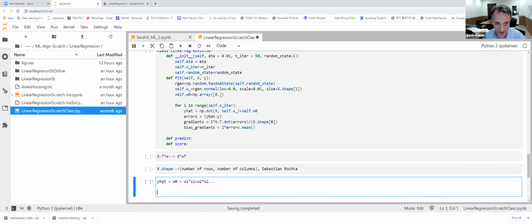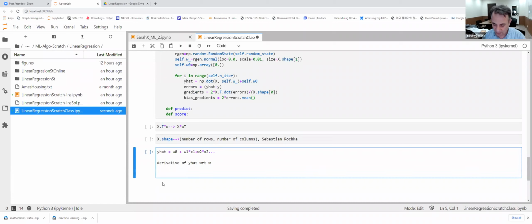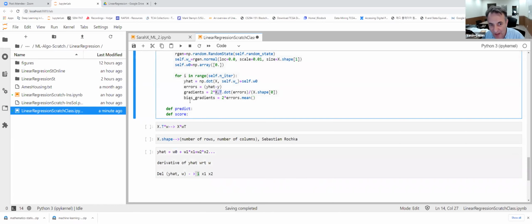If you take the derivative of Y hat with respect to W, let's call this del Y hat W, then you see that the first term is 1, the second term is x1, the third term is x2. So the derivative of the bias term is 1. There is no x term in here. That's why I don't have any x term for the bias gradient.